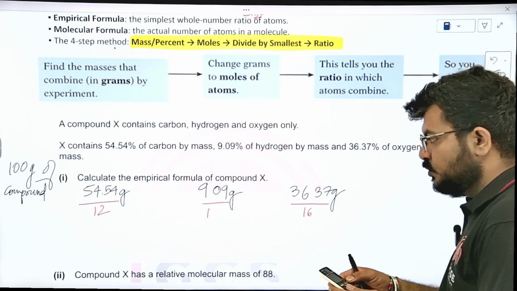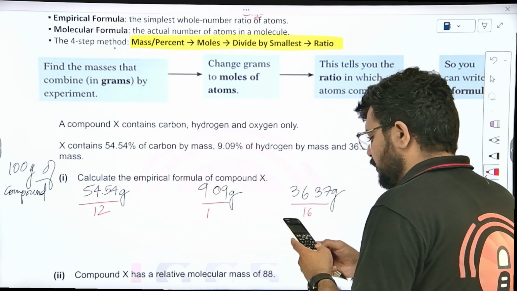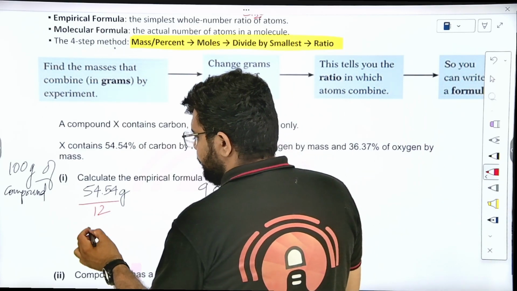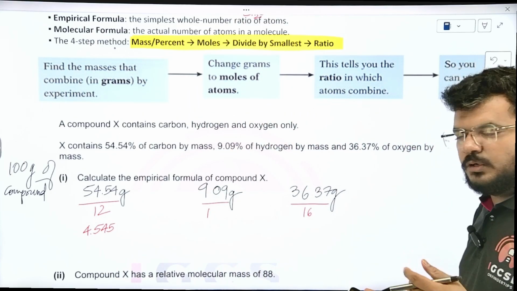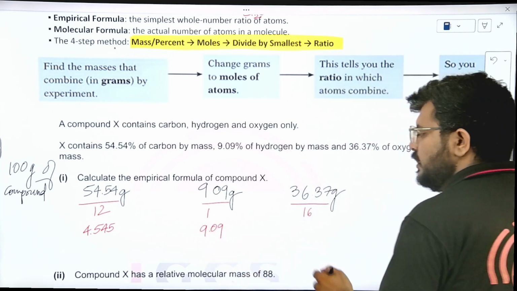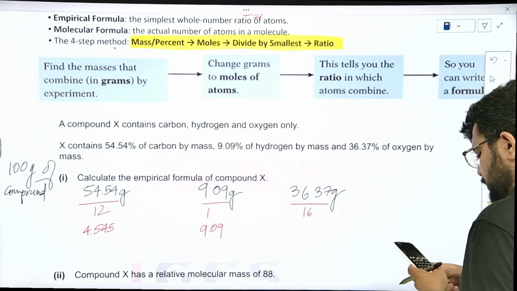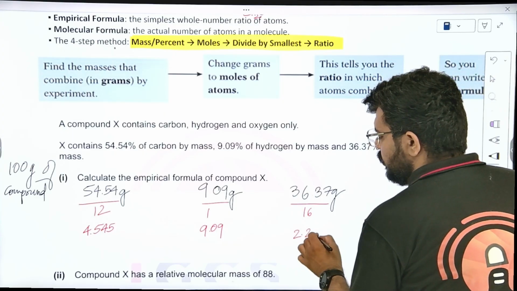Okay, let's do that. So we have 54.54 divided by 12, which will give me 4.545. Try to write 2 or 3 significant figures. It will help you understand your answer better. 9.09, and we have 36.37 divided by 16, which will give me 2.27.